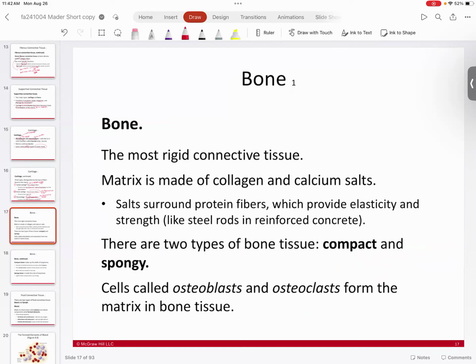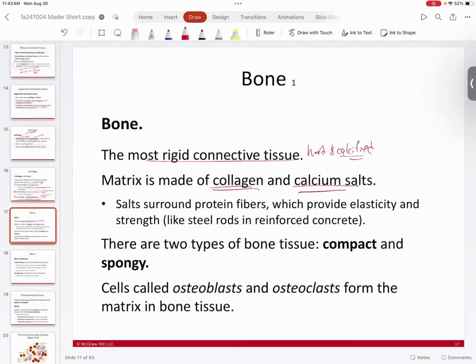And then we get to our other supportive connective tissue, which is bone. This is the most rigid. It's basically hard and calcified. So like cartilage, the matrix is going to be made up of lots of collagen. It's also going to have some calcium salts in there as well.